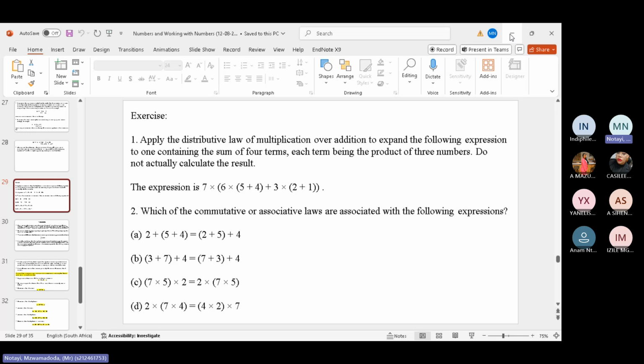Write me the expression with four terms with 3 numbers each. Come on, guys, try.